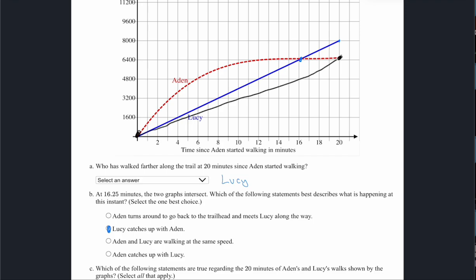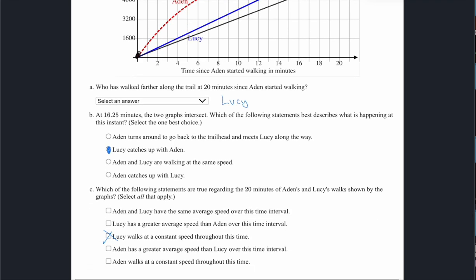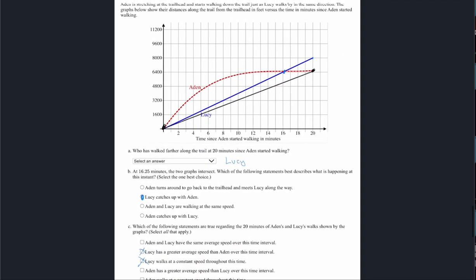Let's look at the slope, rise over run, the constant rate of change, of the blue line. It is bigger than that slope. So on average, Lucy was at a higher speed than Aiden. So there's example 13.